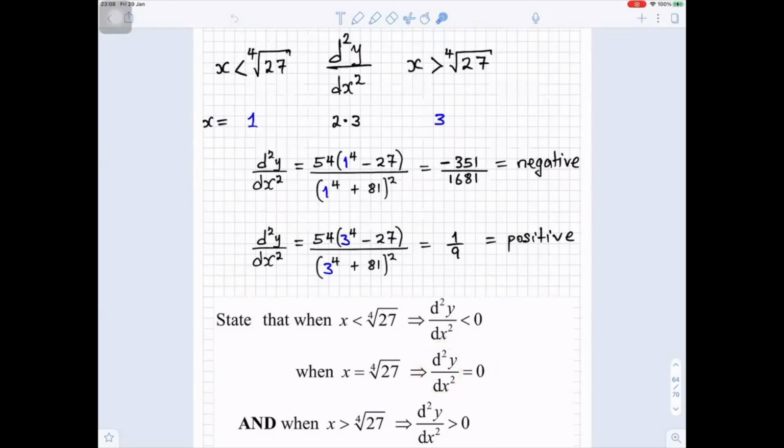And when x is greater than the fourth root of 27, we use 3 in this case, d squared y over dx squared is bigger than 0. So it's going from negative, 0, positive. So that shows that it is a point of inflection.